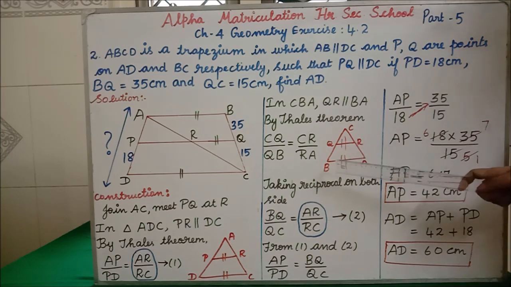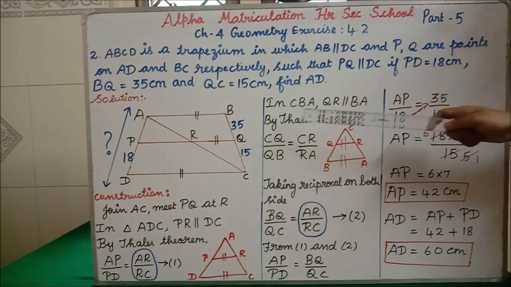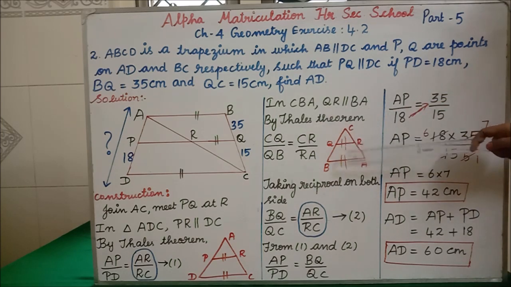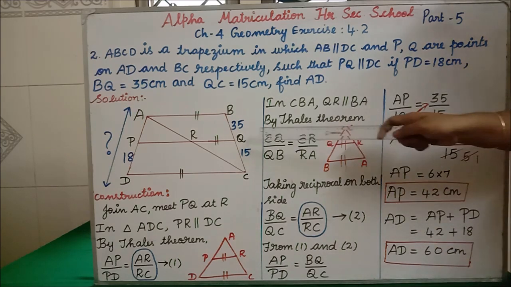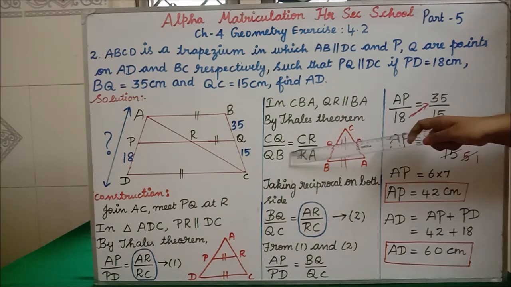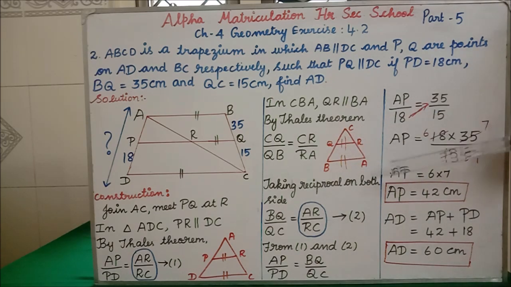Now, we have taken triangle CBA. In triangle CBA, QR is parallel to BA, isn't it? QR is parallel to BA. So parallel means we can write by Thales theorem: CQ divided by QB is equal to CR divided by RA.